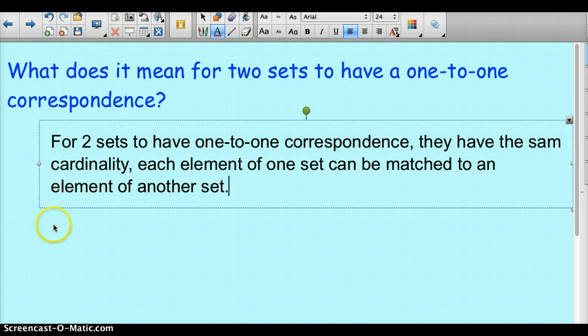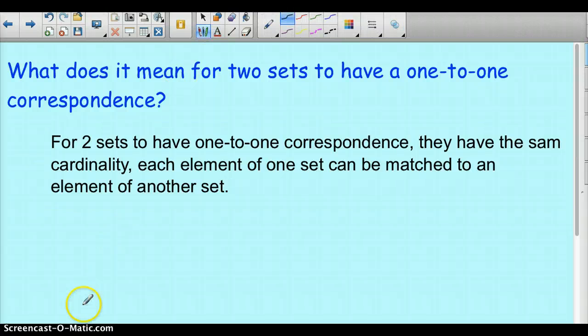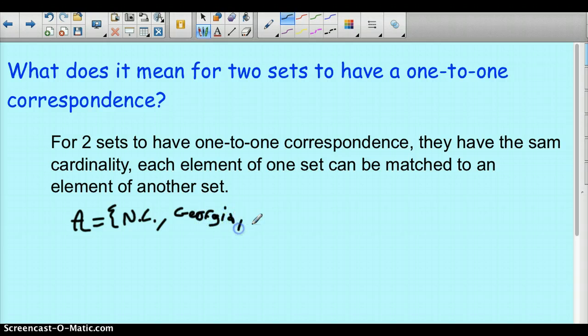Alright, so let's take a couple of sets in this case. Let's take set A. And set A is going to be, oh geez, I don't know, we're going to go with North Carolina. We're going to go with Georgia. We're going to go with South Carolina. And we're going to go with Florida.